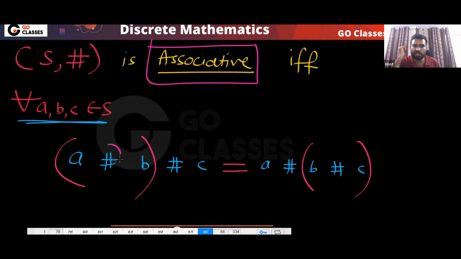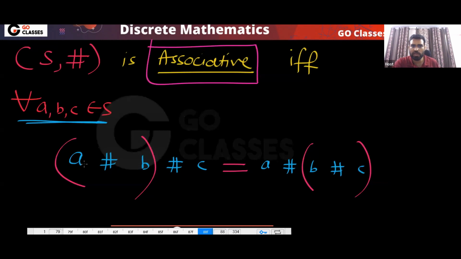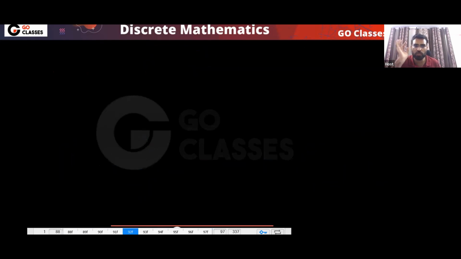It means you can associate this hash: you can do this first hash first or this second hash first, and the result must be the same. For any three elements, this should happen. A hash B hash C, whether you do this first hash or this second hash first, they must always be the same. Then this is called associative property.